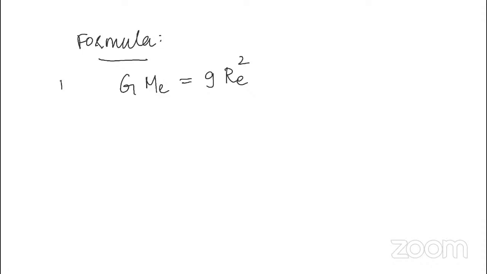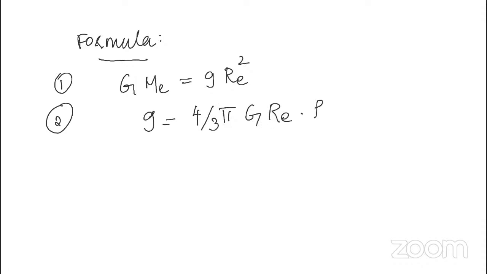So this is one formula, and another formula for g, which is connected with the density: g = (4/3) π G R_E ρ. Then, above the surface and below the surface.